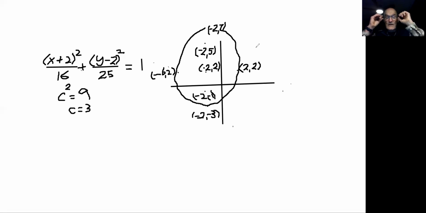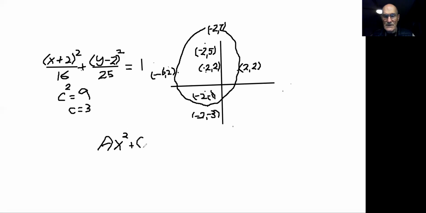Now, the one thing you have to do, and we'll look at that tomorrow more, this is what's called the standard equation. The general equation is something of the form ax squared plus cy squared plus dx plus ey plus f equals 0.